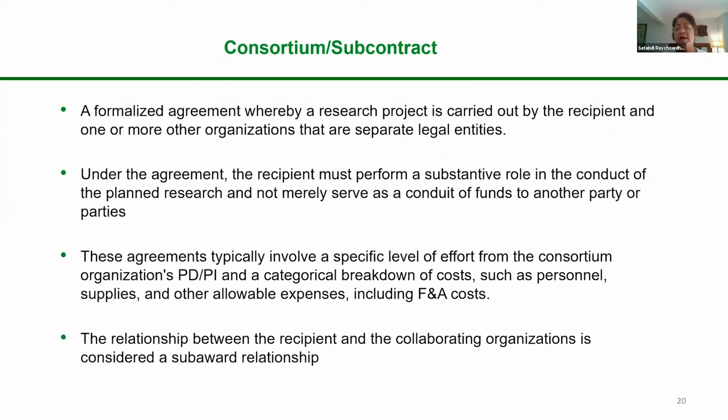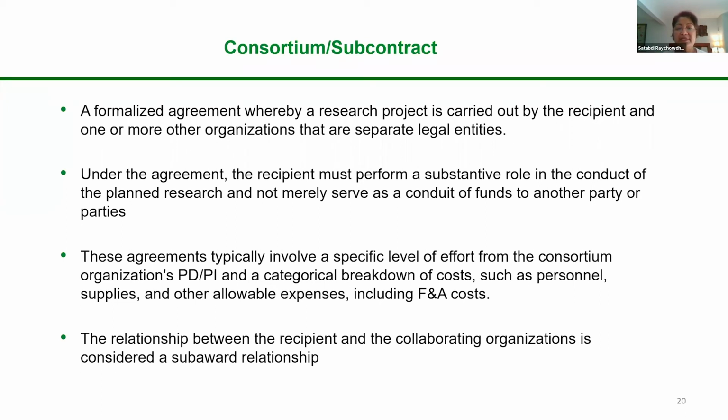Next, if you are applying from a foreign institution and you have your subcontract in the US, you need to know how you can have that. A consortium is a formalized agreement whereby a research project is carried out by one or more other organizations that are separate legal entities.